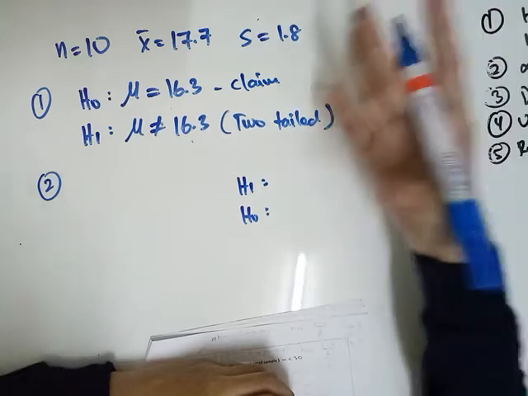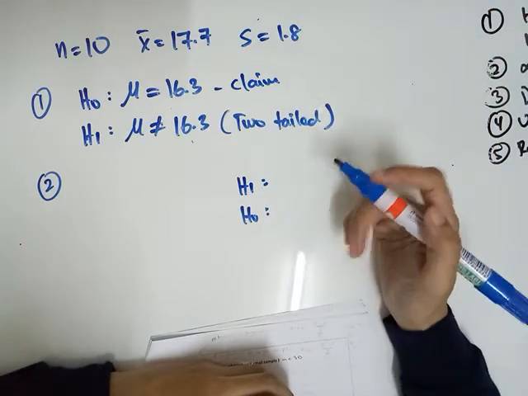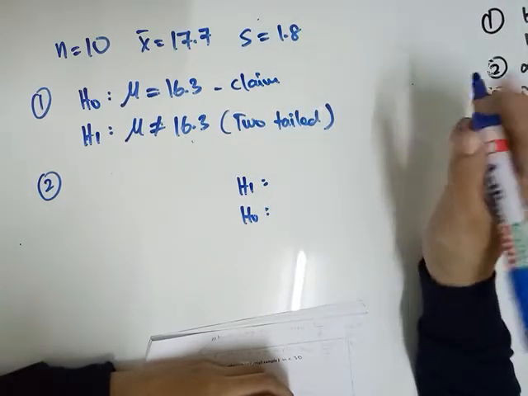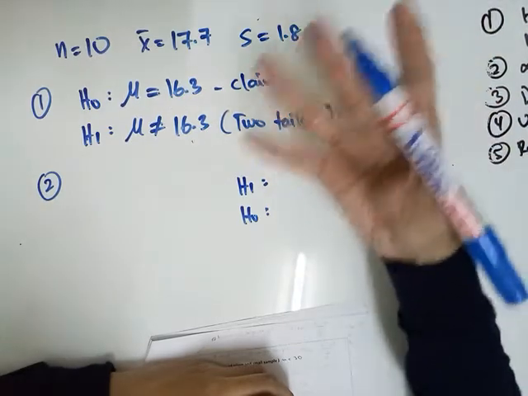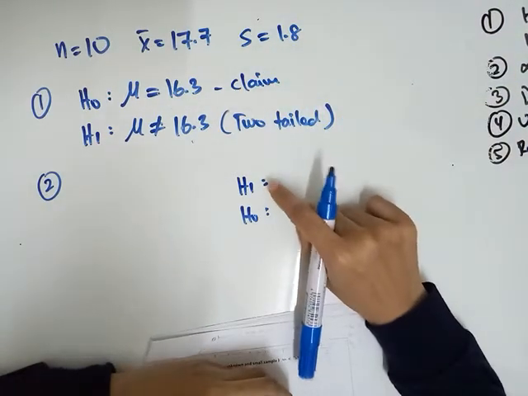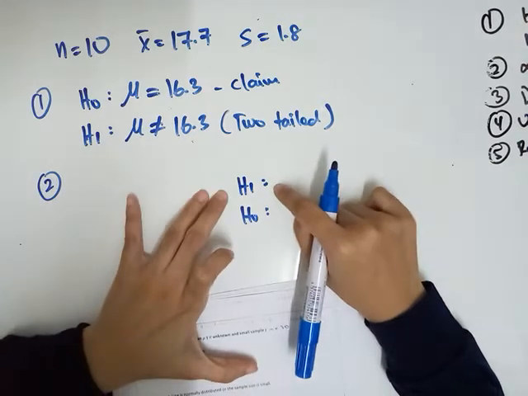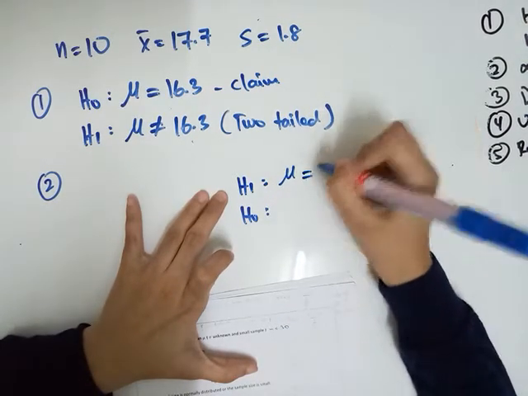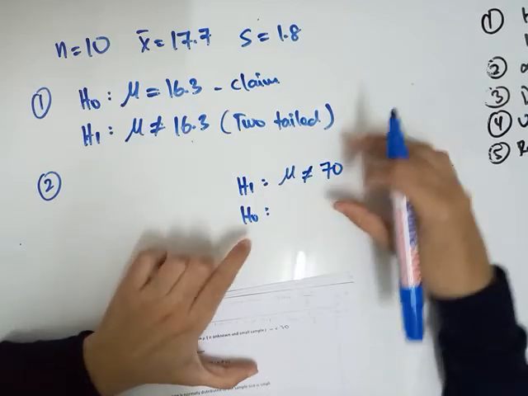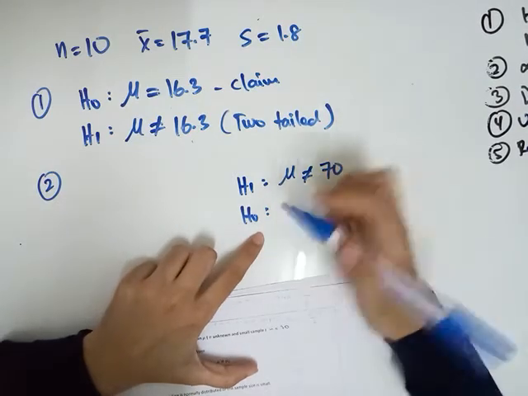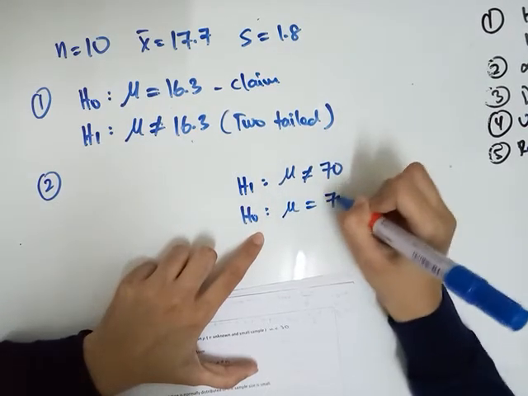It is include in H1. Kalau dia more than or less than or not equal, okay, kalau statement dia bagi hint macam tu, that means kita kena claim H1 first. Put the H1 first. Mean it is not equal 70, for example. And then barulah kita state the H naught. Mean it is equal 70.